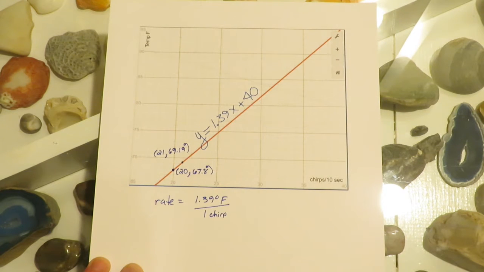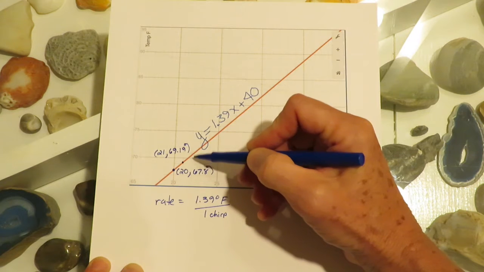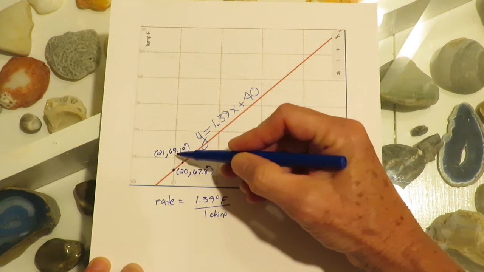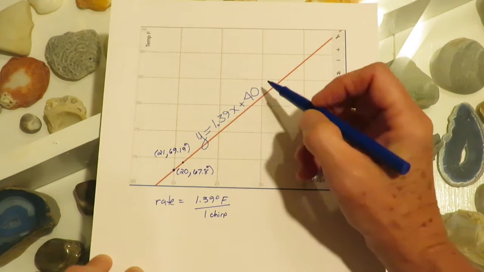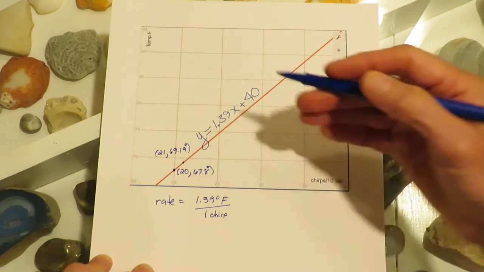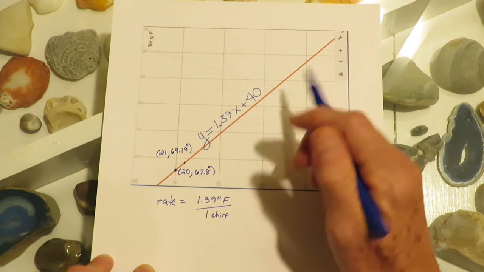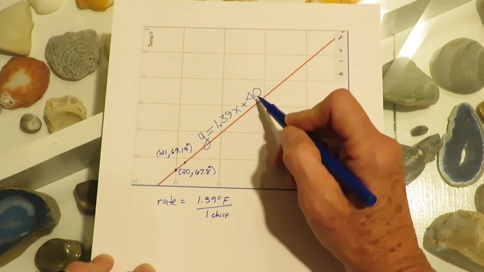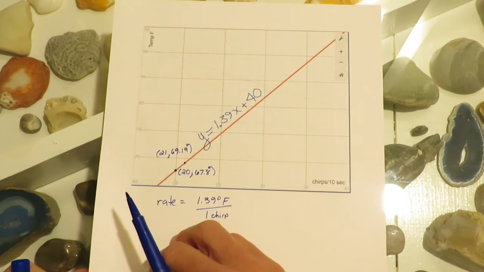If you counted 21 chirps per 10 seconds, that average temperature would go up by 1.39, and in this case be 69.19 degrees. So here, the 40 certainly is an important part of the line, but it doesn't really make sense to interpret it. However, the slope still has a very useful interpretation.